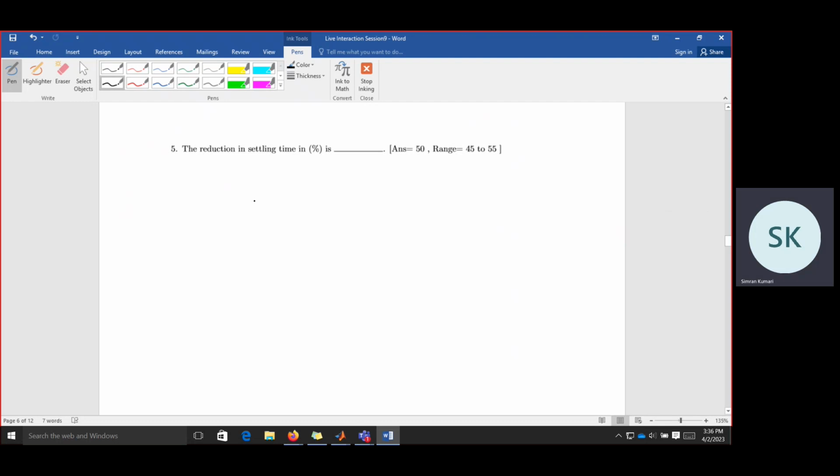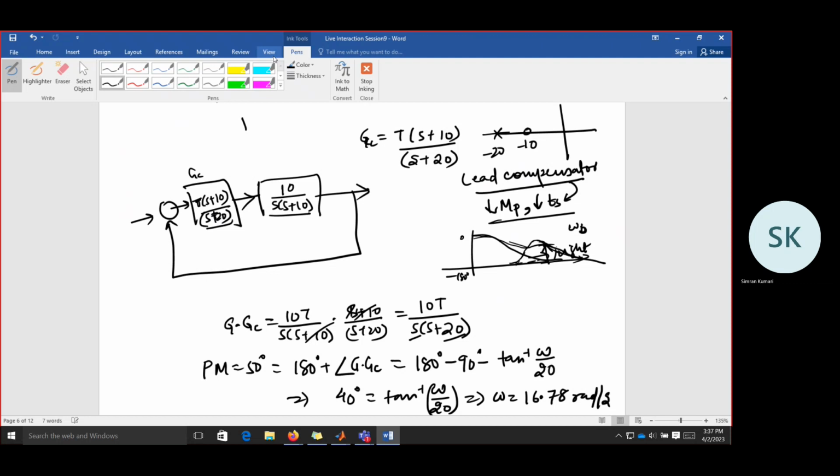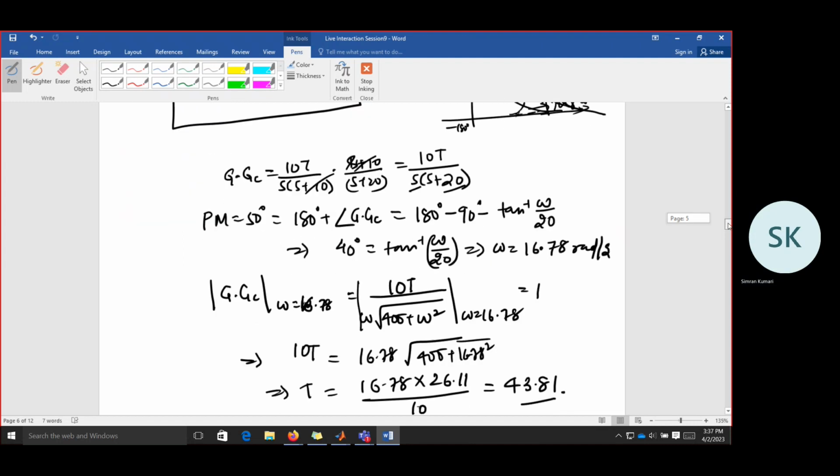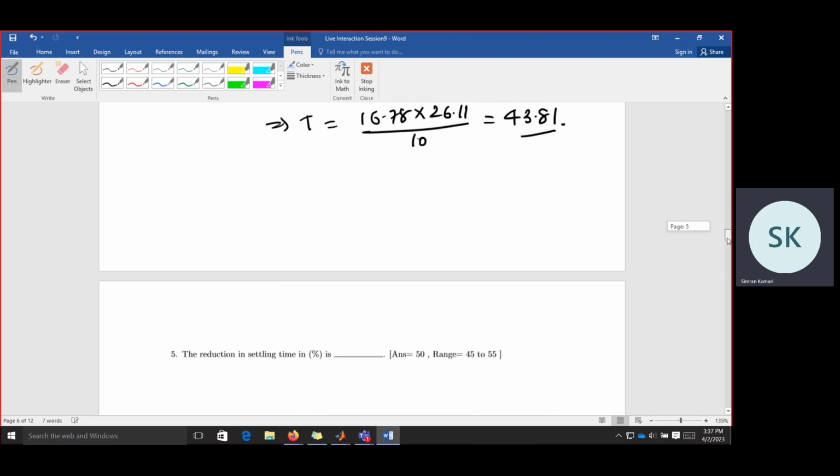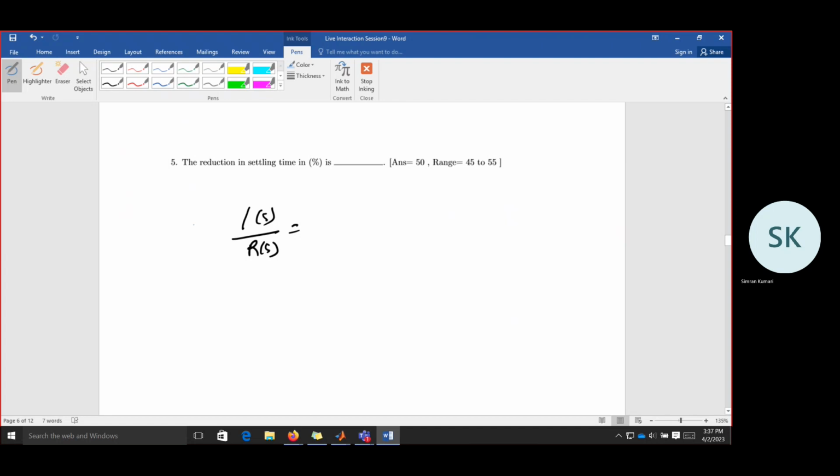For this one, we can find the closed loop transfer function for the compensated system. This is the open loop transfer function. We'll have 10T by S plus 10, 20 or 10.